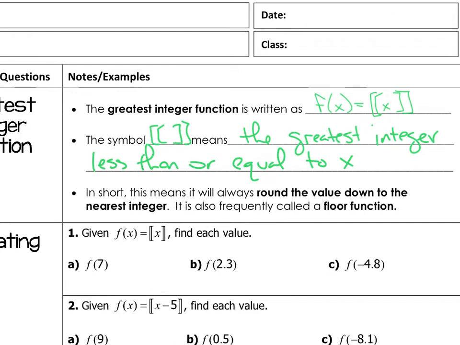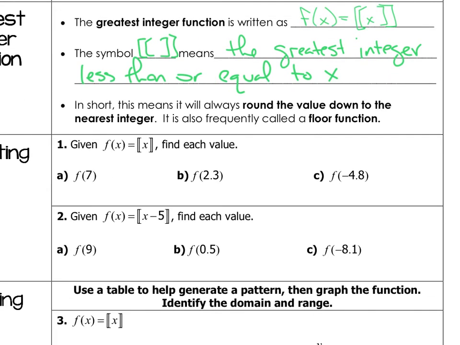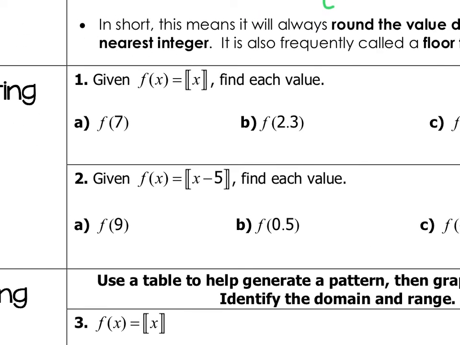Okay? So basically, we're talking about just integers. We're skipping all the decimals and stuff. Okay? We're skipping all of those. So we are rounding down to the nearest integer. Let's think about that. If f of x is just regular old the greatest integer of x, and we're talking about f of 7, well, if I plugged that in, 7 is an integer, so the output there would just be 7.